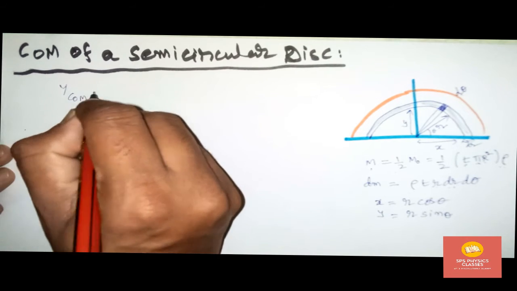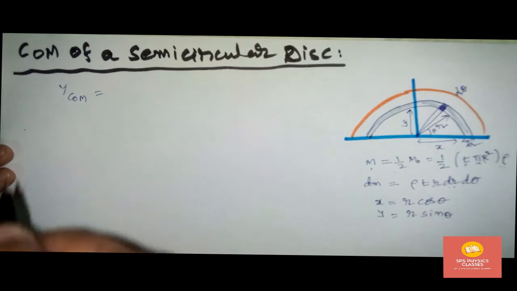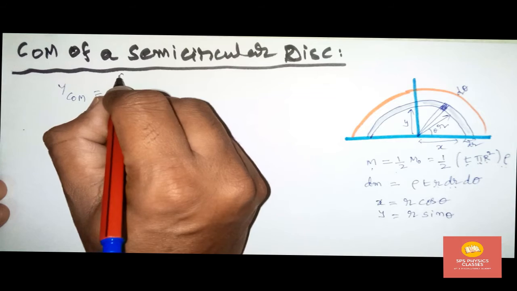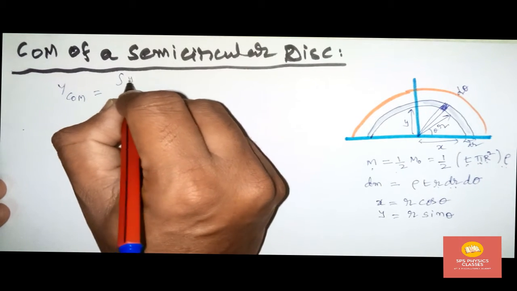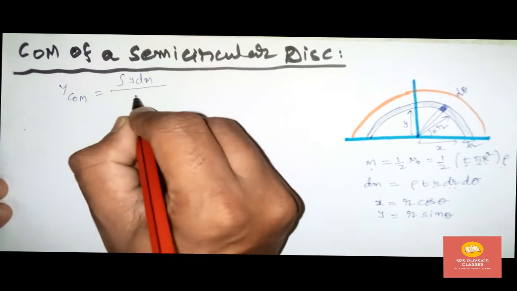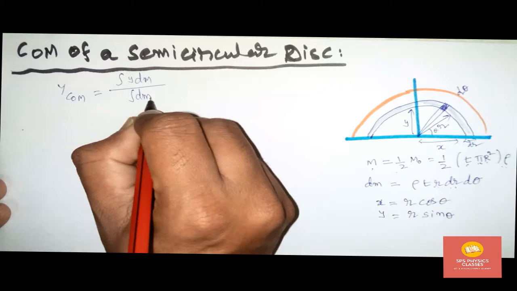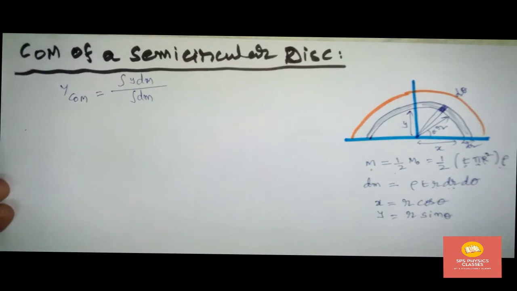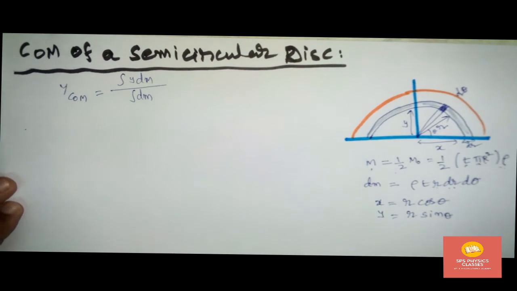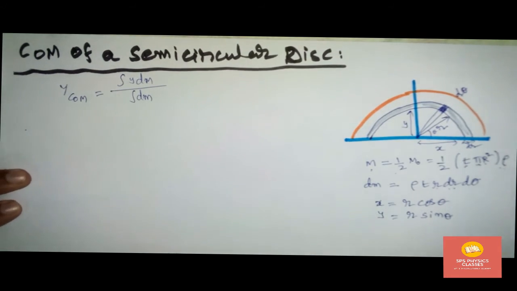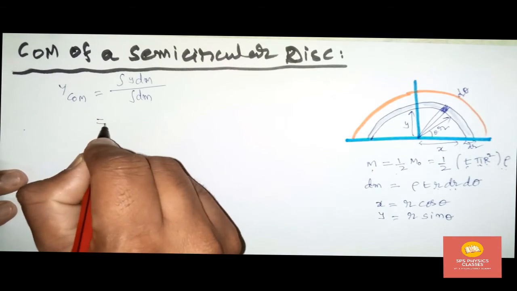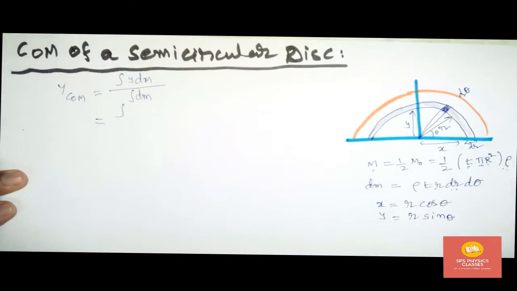We know the formula for the y coordinate of the center of mass: YCM is equal to integration of y dm divided by integration of dm. This is the formula we used in the previous case also, and now we are using the same formula here.